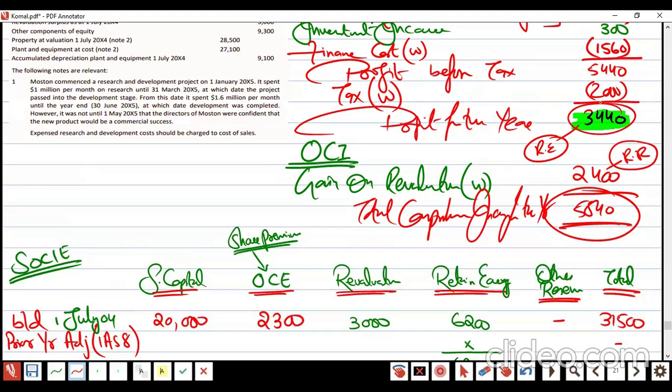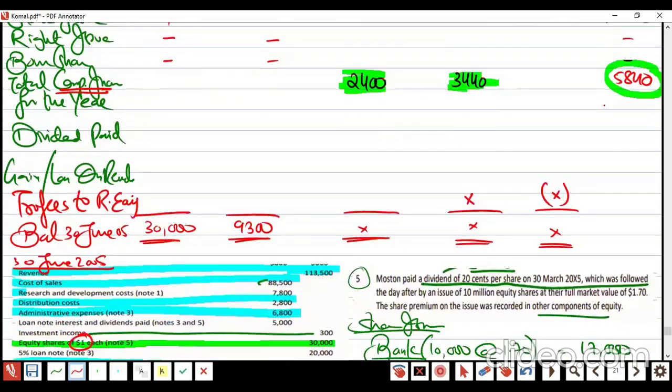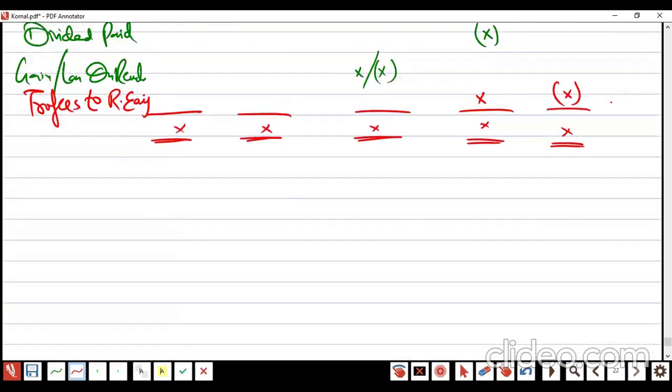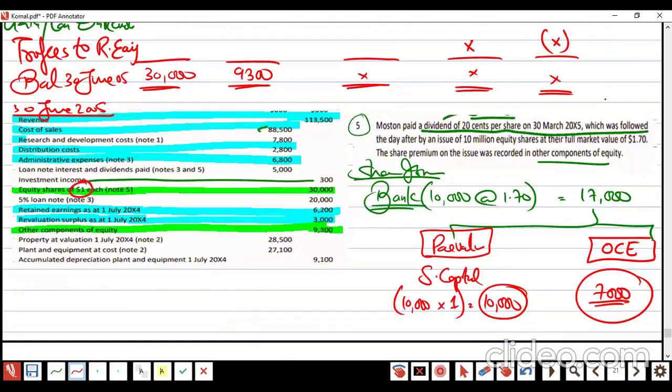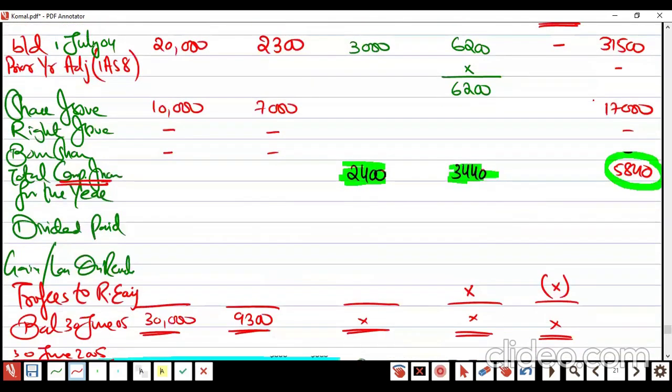Now I need to find out the dividend only, which is this note. Dividend 20 cents. So 20 cents will apply on which number of shares? The dividend is 20 cents per share.